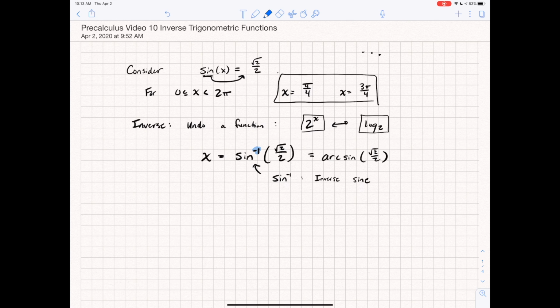That's why it can be really misleading, because that spot can either be a power, or if it's -1, it refers to the inverse, which is very different. So just be careful. For now, if I write -1, that means inverse. If I write arc sine, this means inverse.